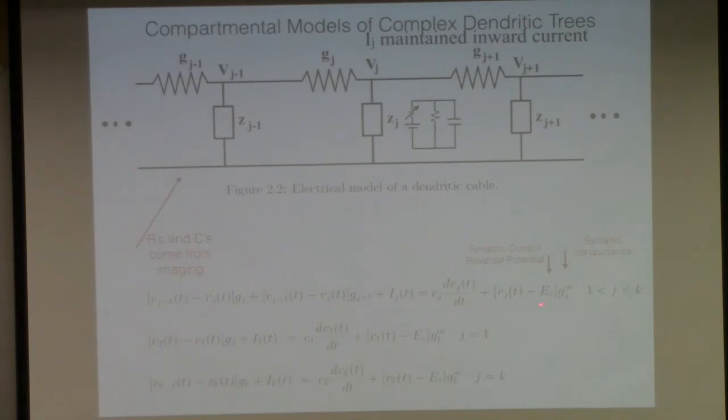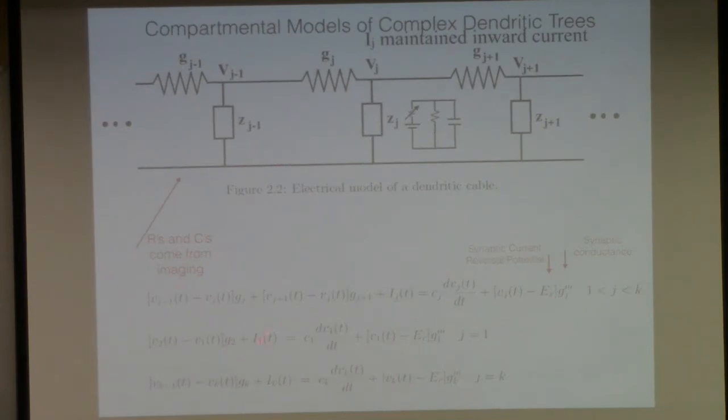This term here therefore represents this synaptic conductance, and so the current through that synaptic conductance is the voltage at this node minus the value of the battery, the reversal potential, times that synaptic conductance. So we're thinking of two kinds of inputs in this neuron: a synaptic conductance, this value of G, and applied currents.